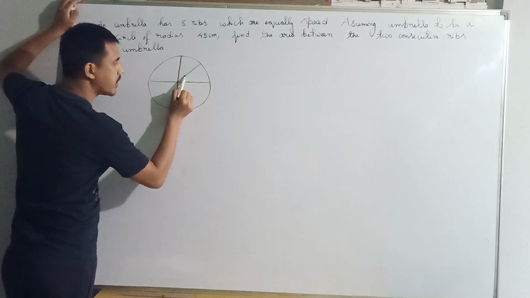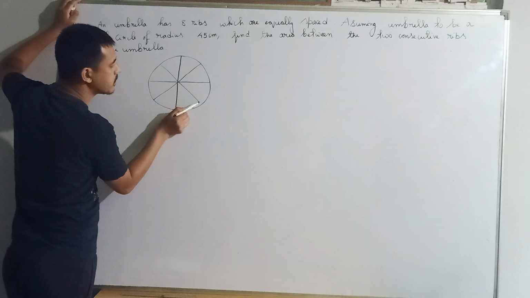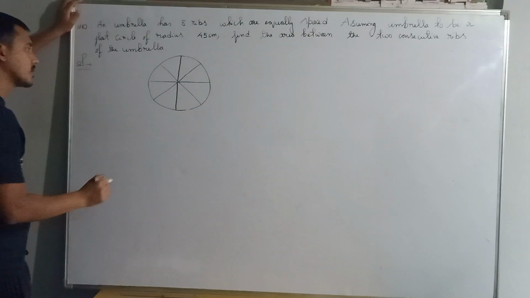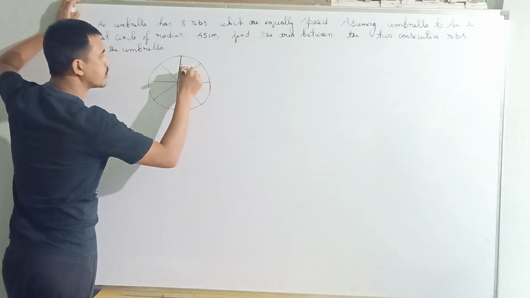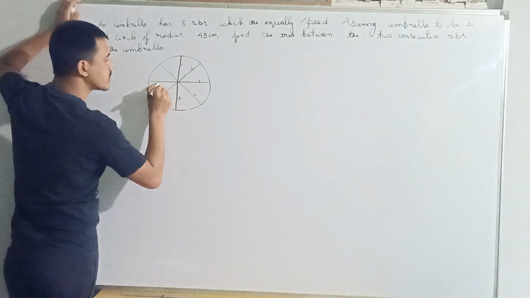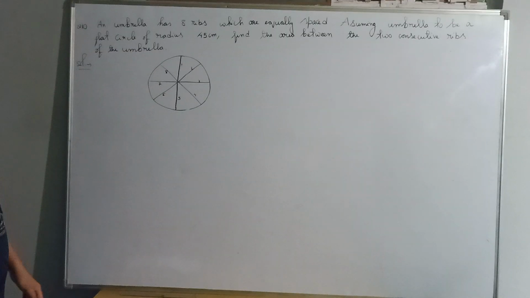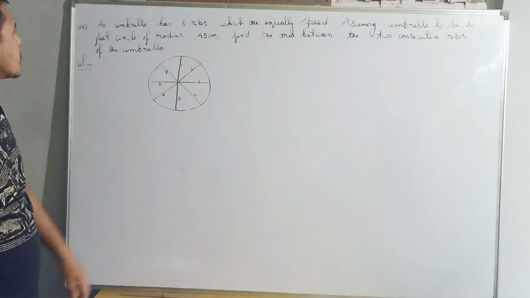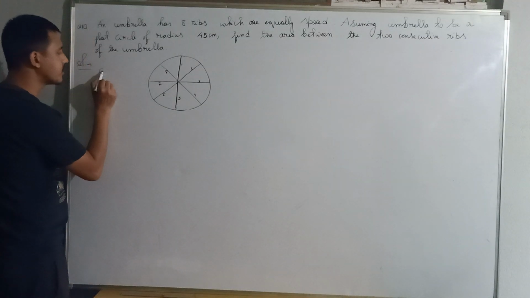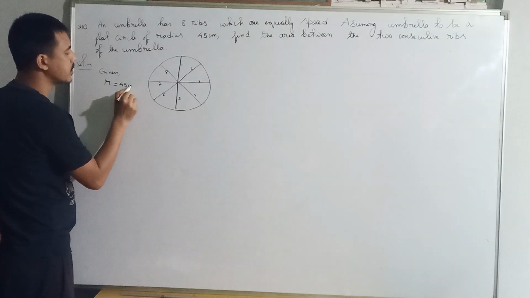This is your 5, 6, 7, and 8. So an umbrella has 8 ribs. The radius of this circle is 45 centimeter. So given radius is 45 centimeter.